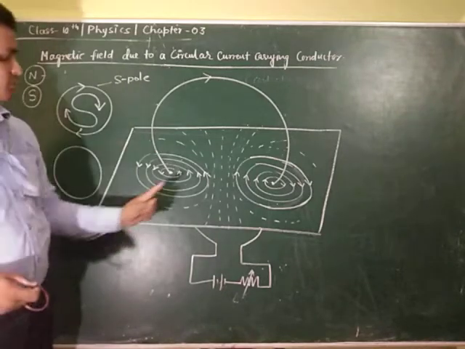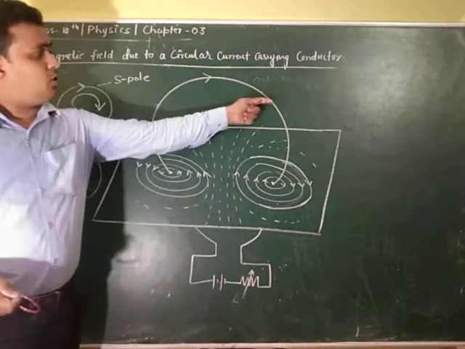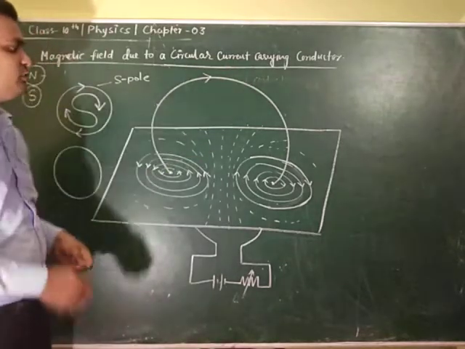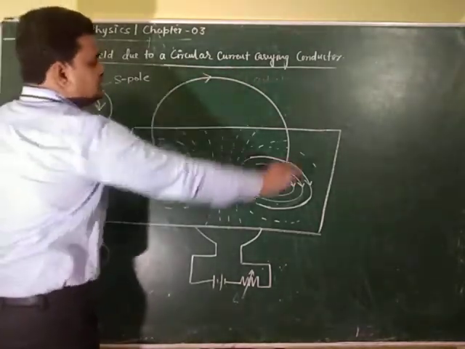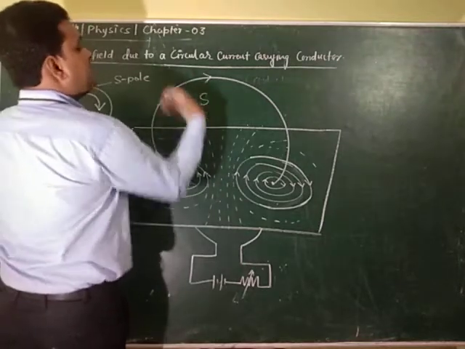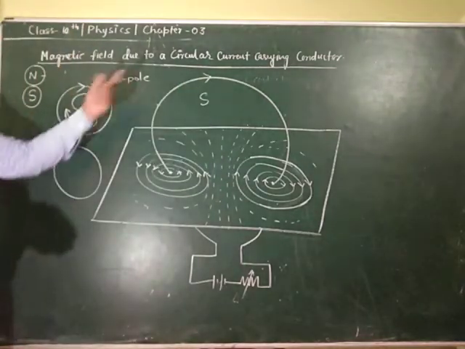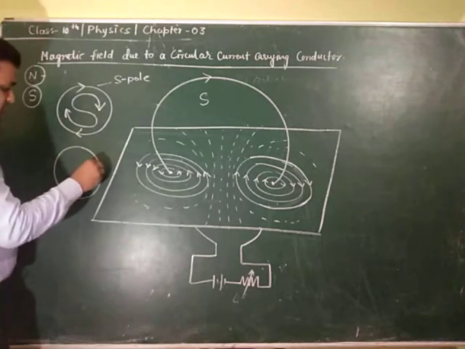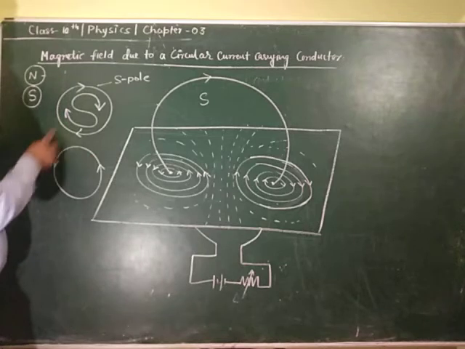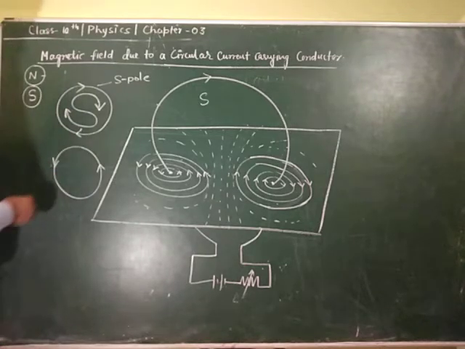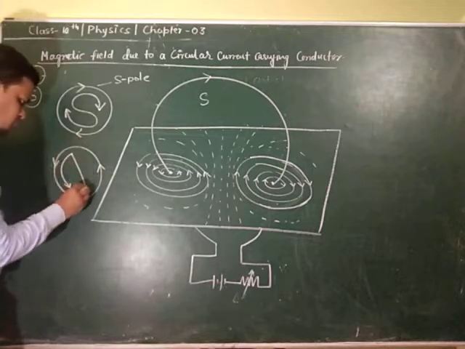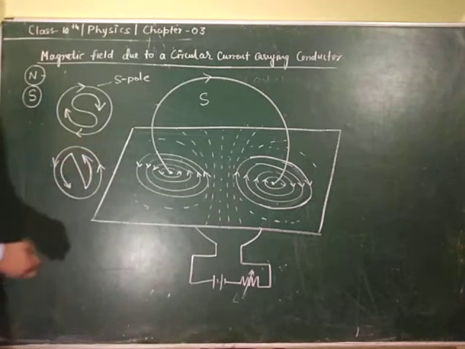Just apply here: is the current clockwise or anti-clockwise? Clockwise. So clockwise current means south pole. So this face is representing S and the backward face is representing north. If the current is anti-clockwise, then this face will represent north. So you can memorize this.